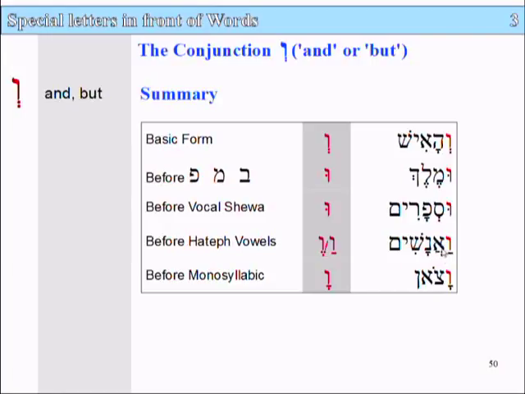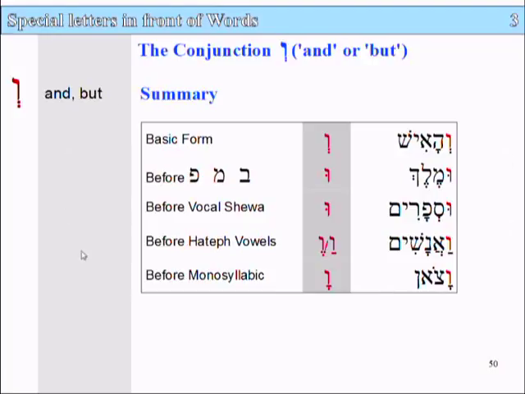So anashim becomes va-anashim. And before monosyllabic words, like the word tzon, it's just one syllable, you put the vav in front and it takes on a kametz, and it's just a long ah sound, so it becomes va-tzon.